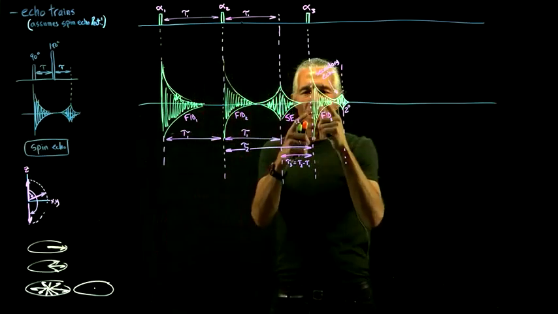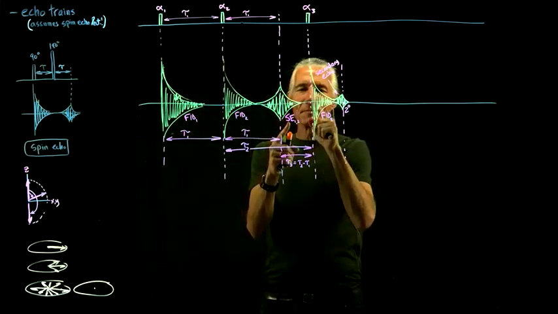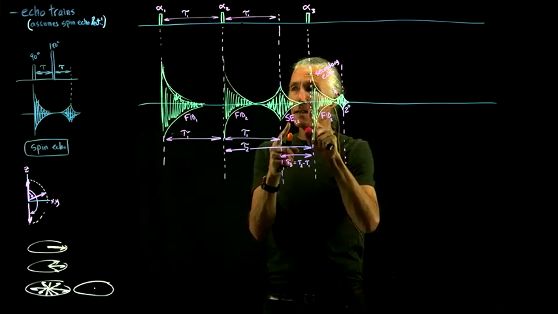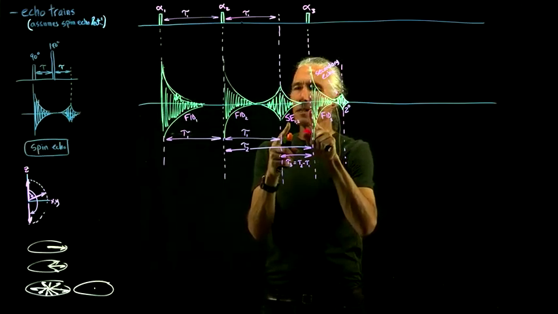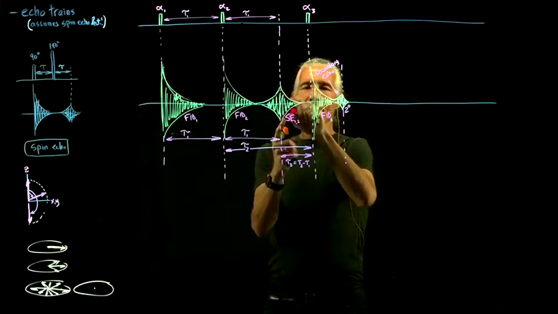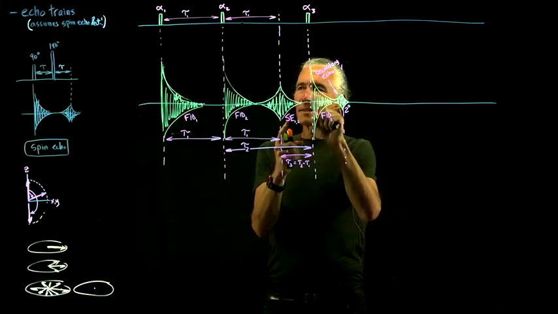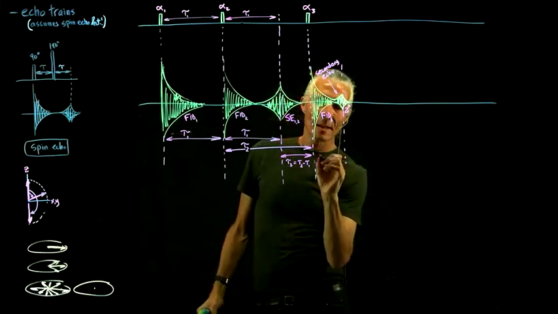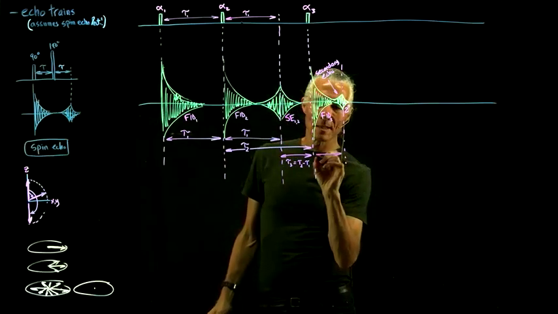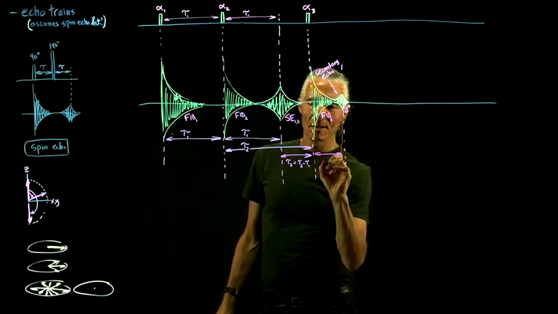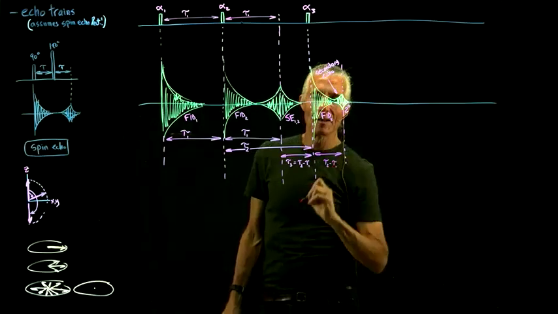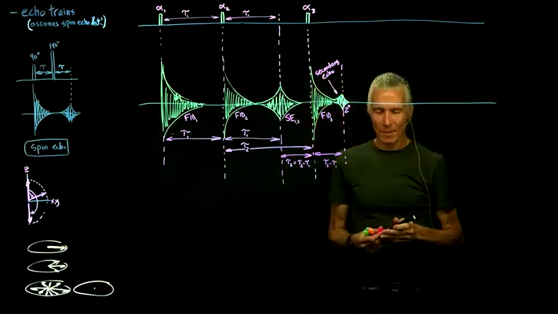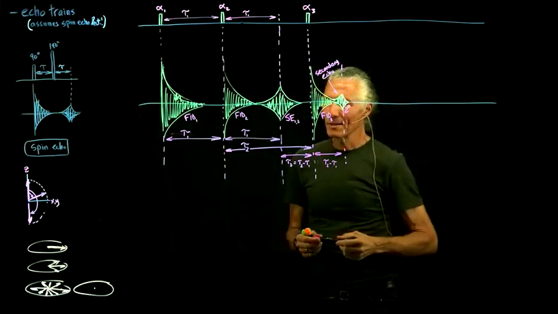And then after that, we got another actual RF pulse. So this pseudo RF pulse plus this actual RF pulse makes an echo. And the time to this is basically just tau 2 minus tau 1. So we get another little echo.